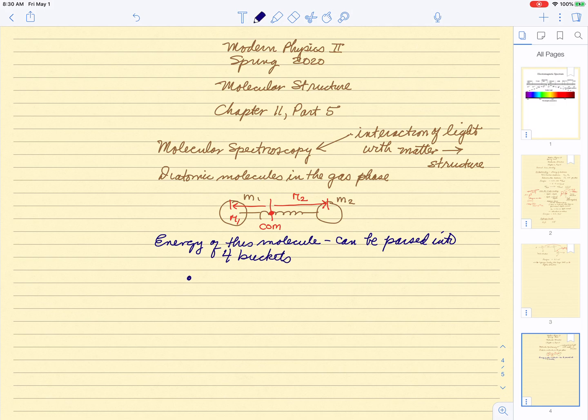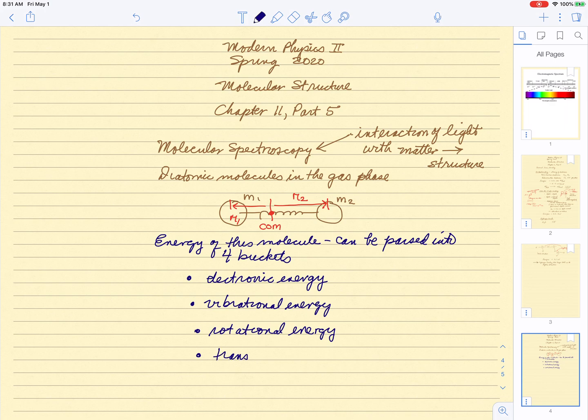That's going to be the electronic energy, the vibrational energy, the rotational energy, and the translational energy. So this molecule can actually move in space. Its center of mass can move.